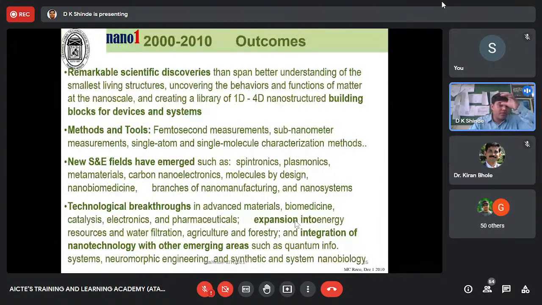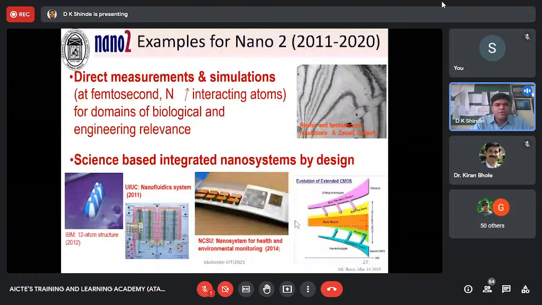So those 1D, 2D, 3D and 4D devices, material development which are occurring has been noted, so I'm not going to repeat it.